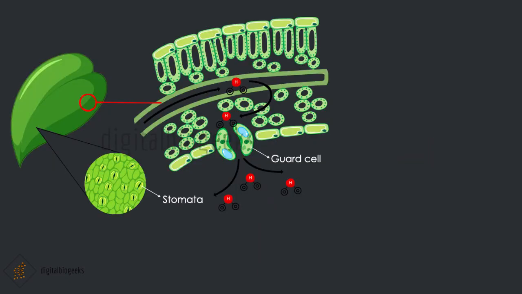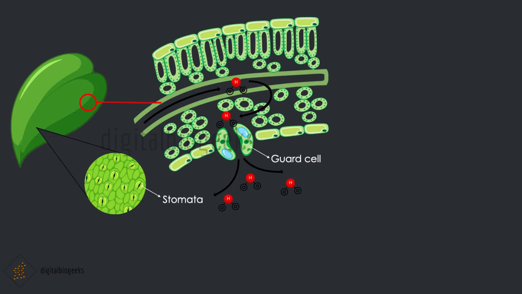We can observe small pores here and there in the epidermis of the leaf. This portion is the epidermis of the leaf, and here you can see small pores. Those pores are called stomata. You might be familiar with the term transpiration. It is the loss of water in the form of water vapor.